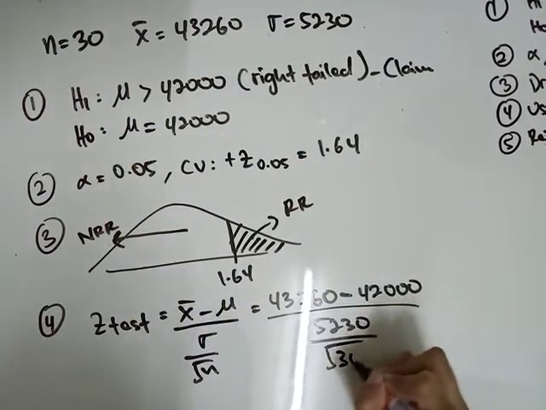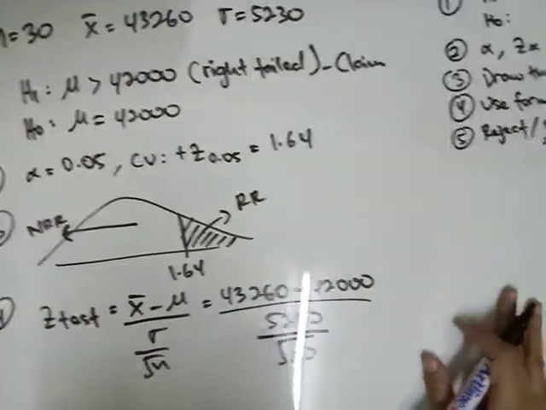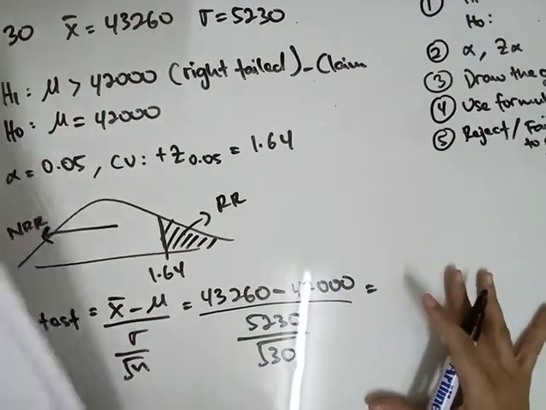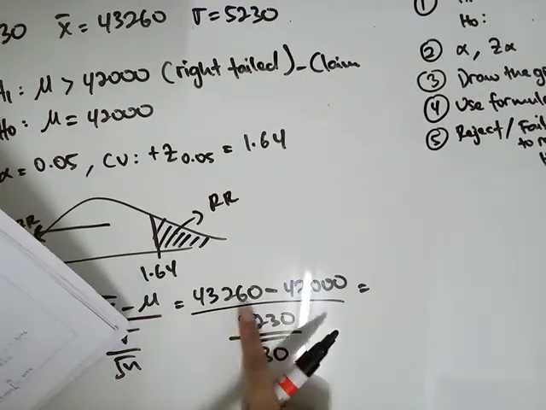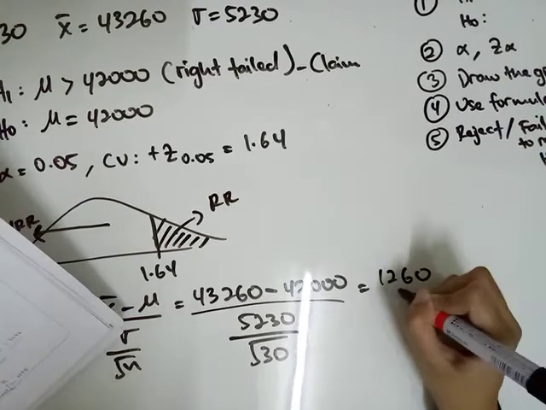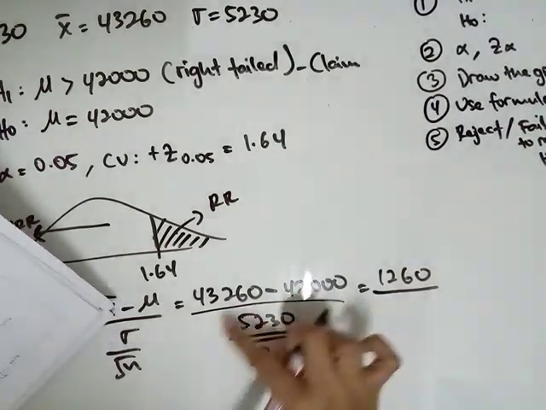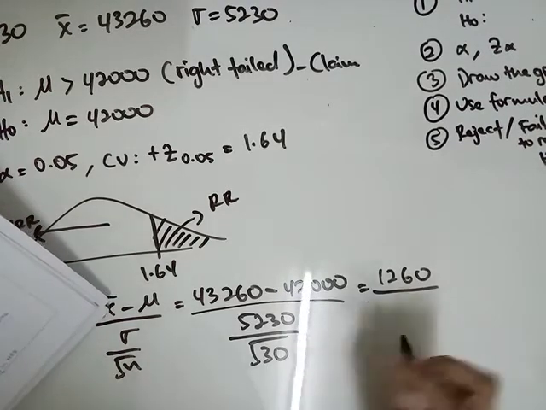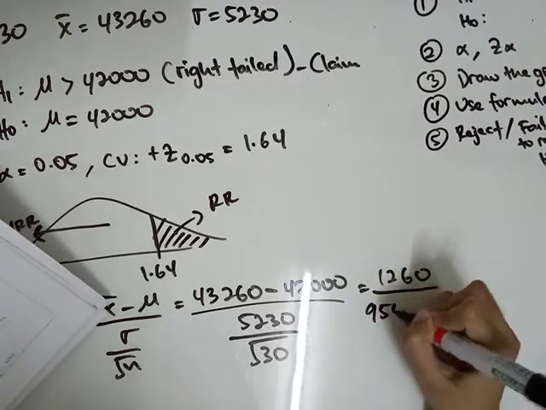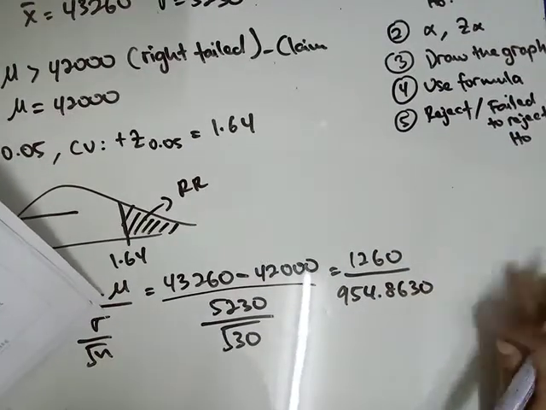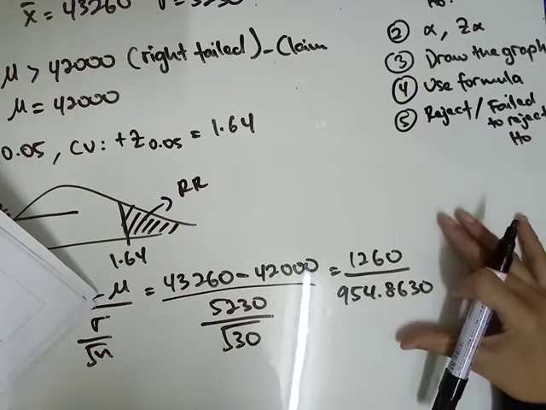Square root 30. Then you need to calculate. Okay, try calculate. How do you get? Okay, 43,260 minus 42,000, you will get 1260 divided by yang kat bawah ni 5230 divide square root 30, you will get 954.8630. Kalau saya akan calculate one by one.